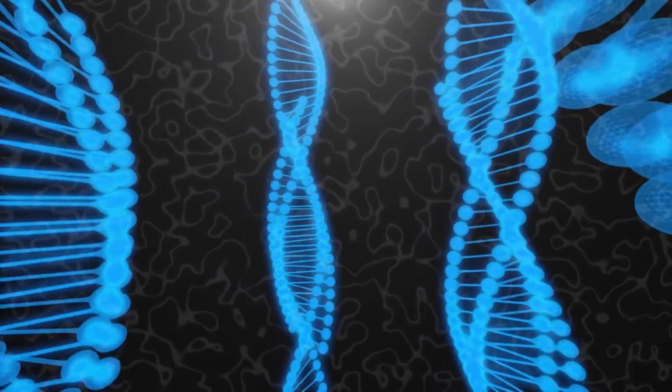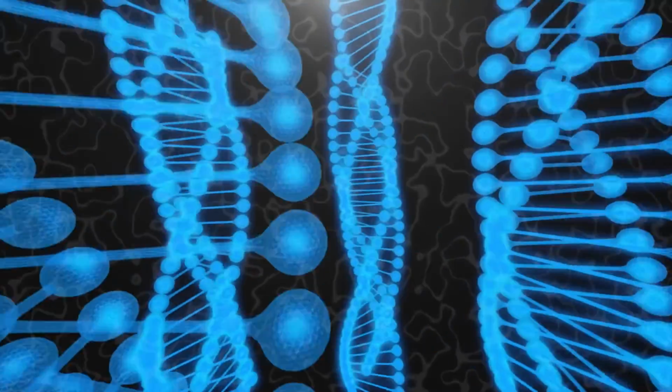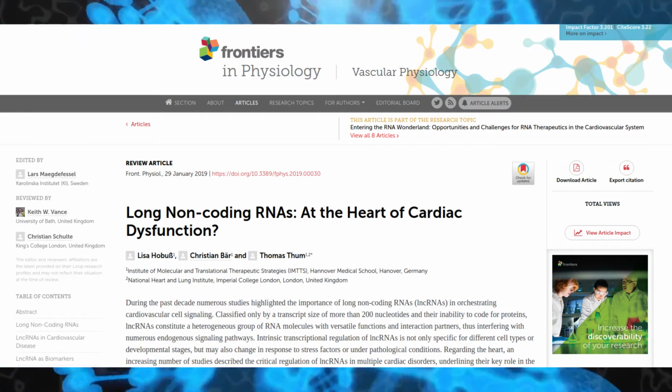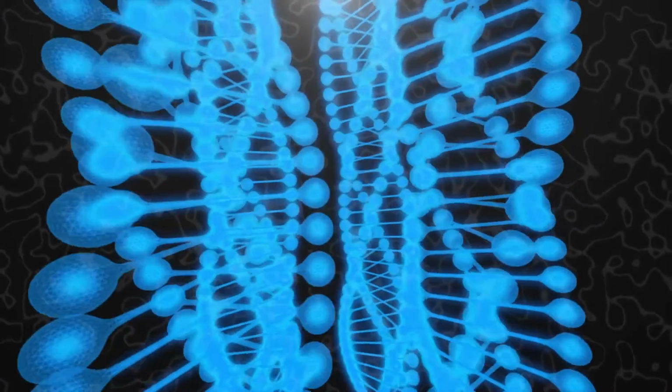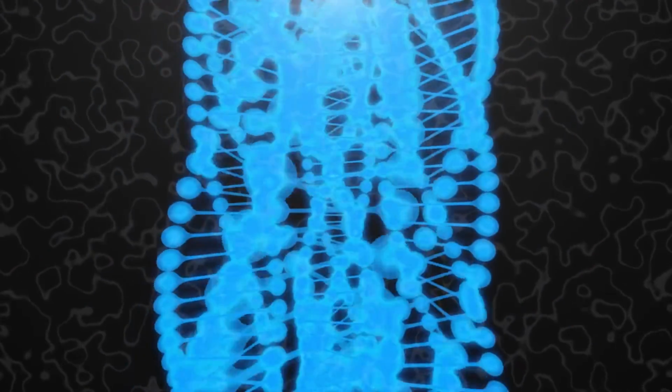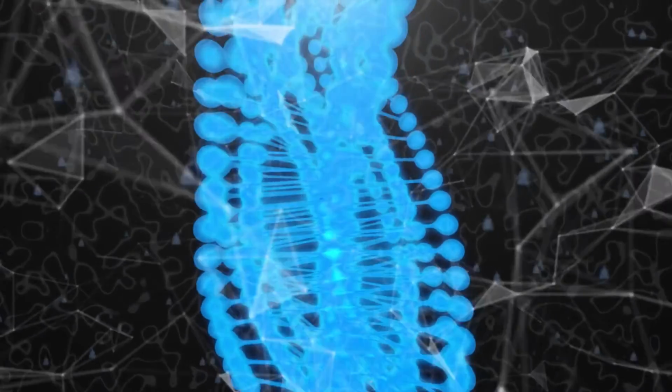This is supported by the regular reporting of involvement in transcription. A very significant area of study is cardiovascular disease, where it is thought that they are involved with the higher incidence of this condition amongst males than females.